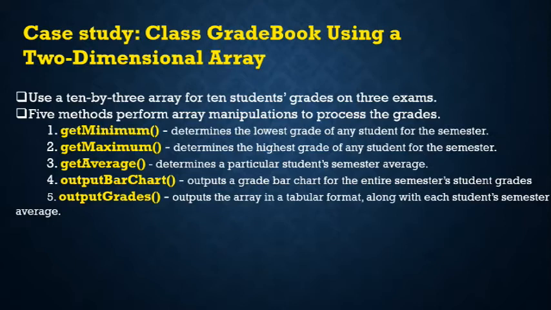So we will have get minimum for calculating the minimum grade, or the lowest grade, and then get maximum for getting the greatest grade, or the highest grade, and average for getting the average for each student out of his 3 grades, and then output bar chart so we can easily see and analyze the data.